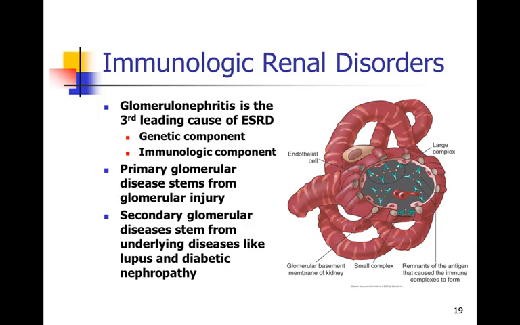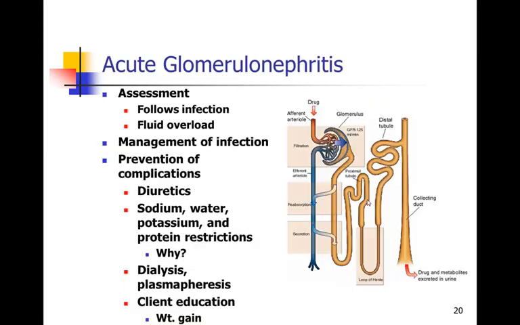So, this is a glomerular disease, and if we remember our picture that's now on the board in the classroom, you know where the glomerulus is, and you know that that's where all the blood flow comes in. So this is a disease of that glomerulus. It generally follows an infection, and that's usually a group A beta hemolytic strep.